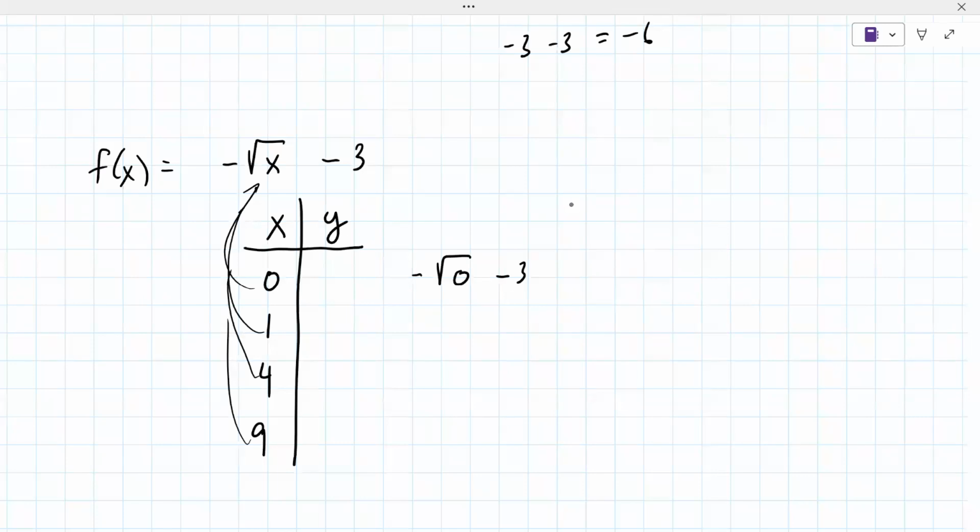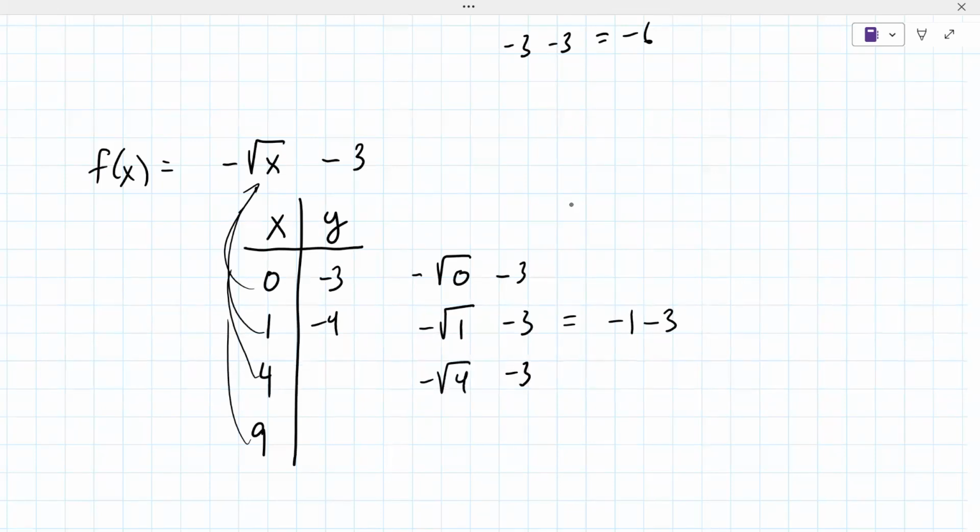-3. It's -3. The next one is minus square root of 1 minus 3. -2. Okay, so this becomes -1 minus 3. They're both negative, which means -4. You keep the sign and add the numbers.